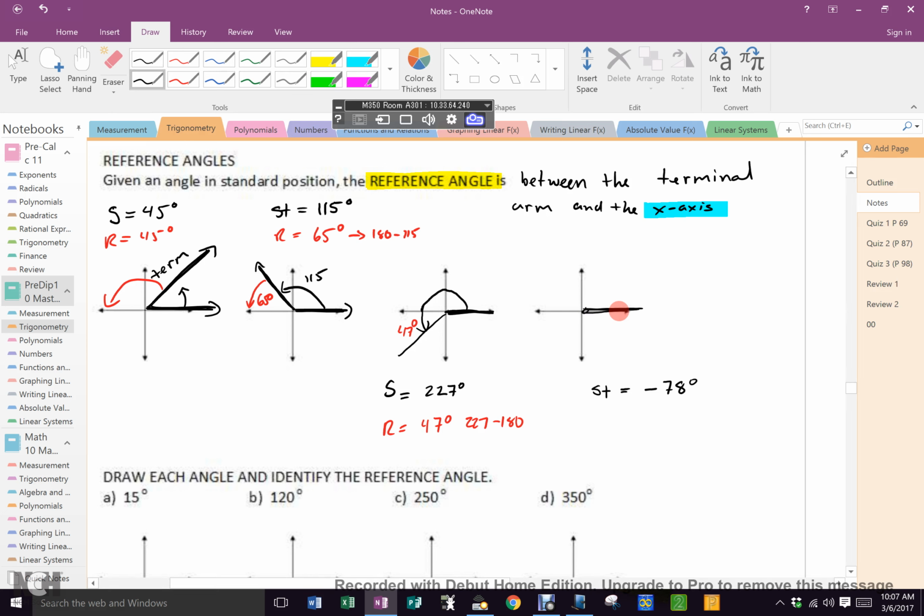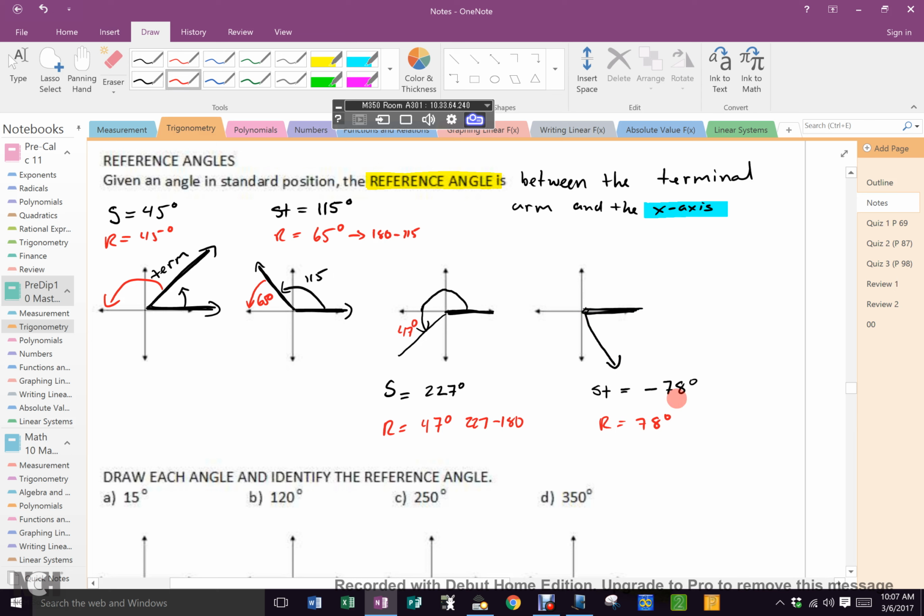Where does that one need to go? What quadrant? Fourth. And what is your reference angle? 78. Why? Because you can't go to the 270, because you can't go all the way back there because it's more than half.